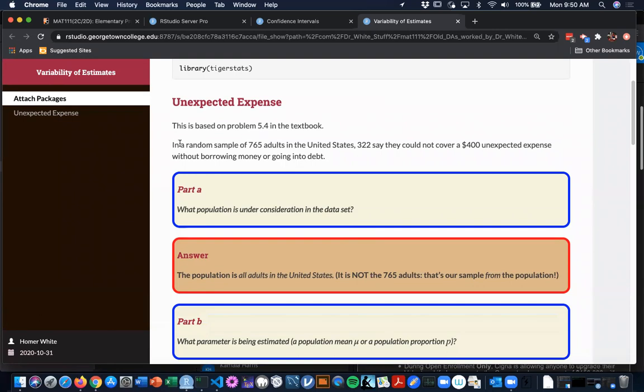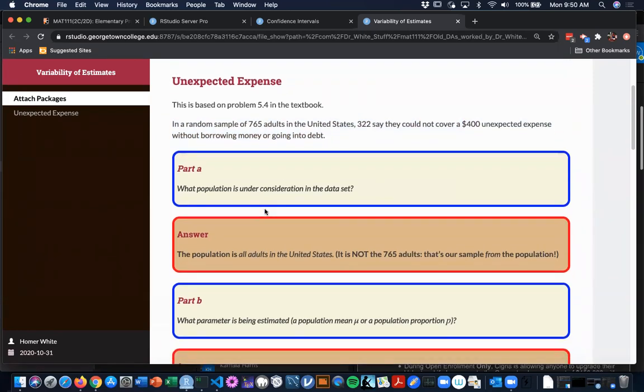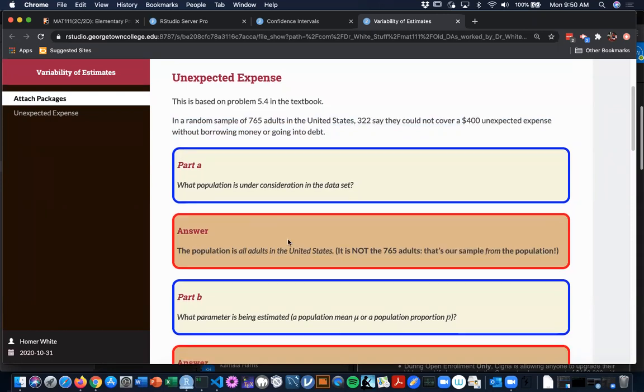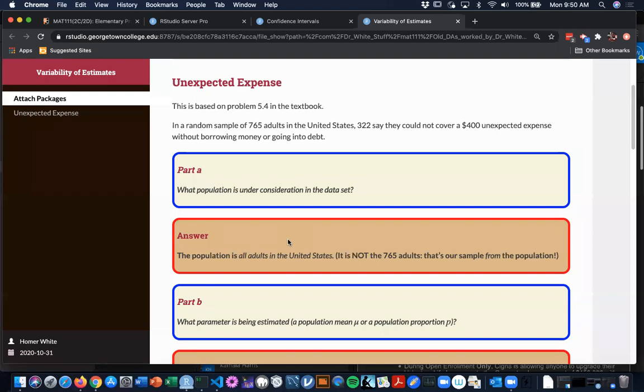The scenario is that you've got a random sample of 765 adults in the US, and 322 of them say that they could not cover a $400 unexpected expense without borrowing money or going into debt. And what's the population that you're actually looking at here? Well, the population is not the sample, okay?